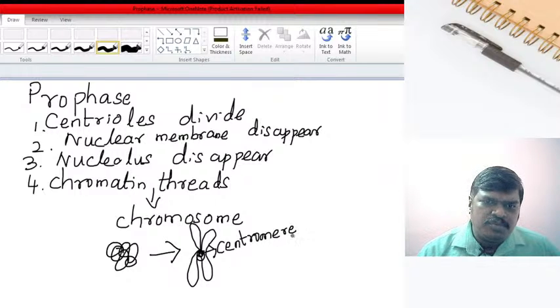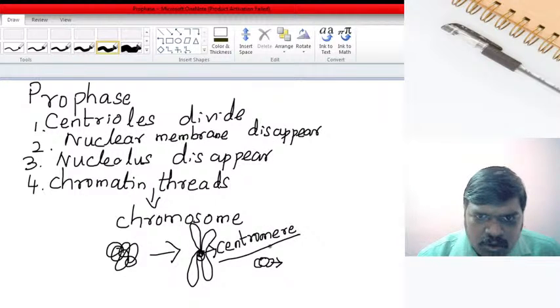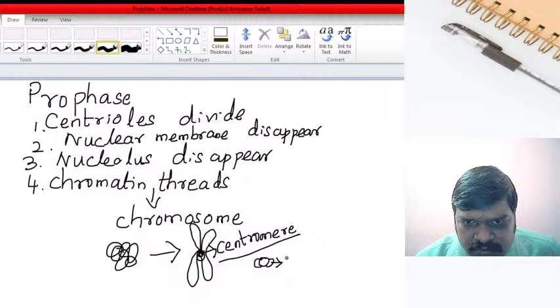Each chromosome has the center region where the chromatids are attached. That is called a centromere. Children, the centromere is like that. At the side of the centromere, there is one more structure. That structure is called the kinetochore.